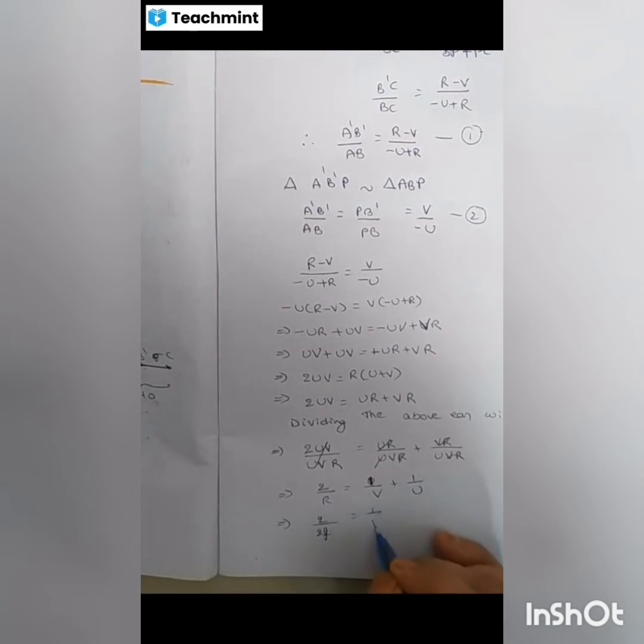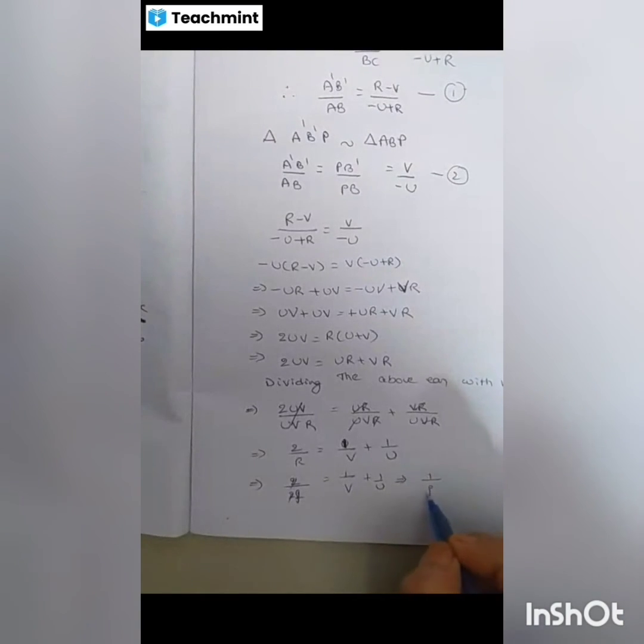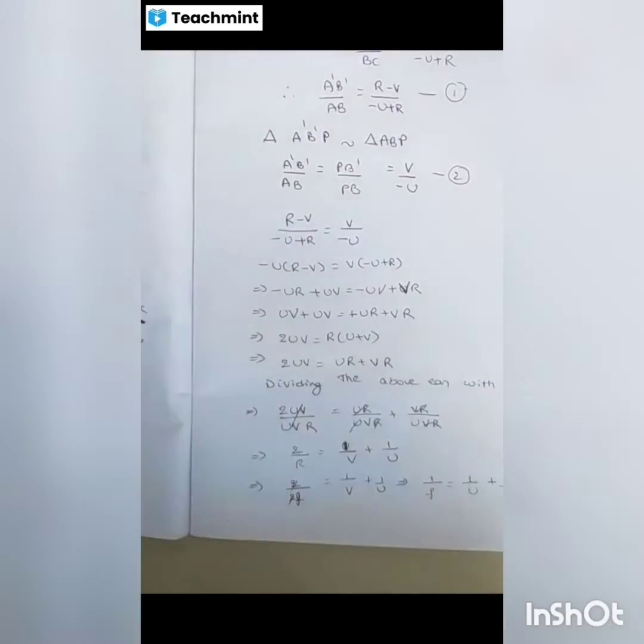From this 2 gets cancelled. What we get is 1 by F is equal to 1 by U plus 1 by V.